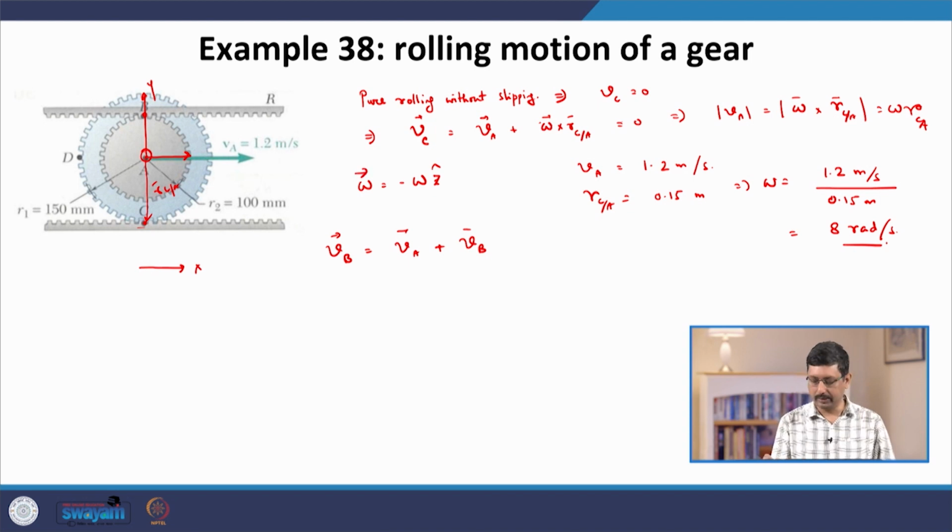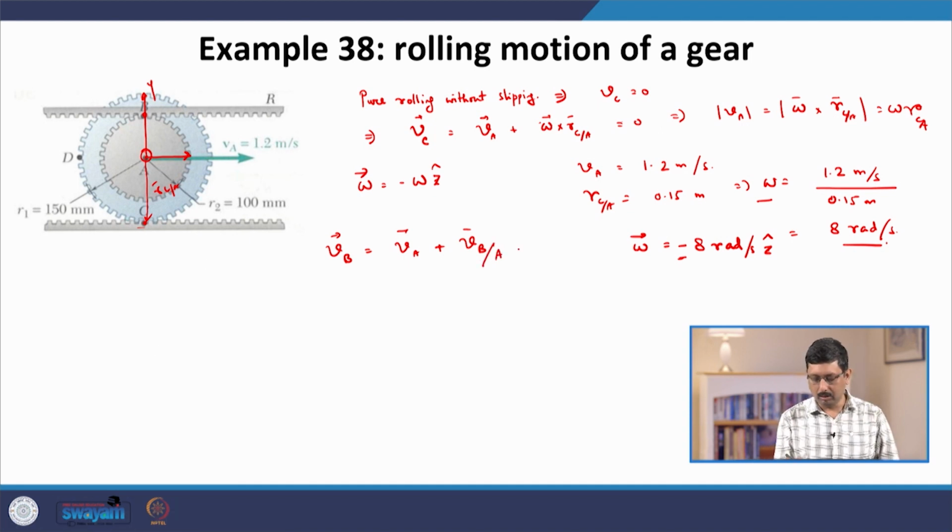Just to clarify, this is the magnitude of the velocity. In vector notation, the angular velocity vector will be in the z direction, and this minus sign denotes that it is going into the plane.